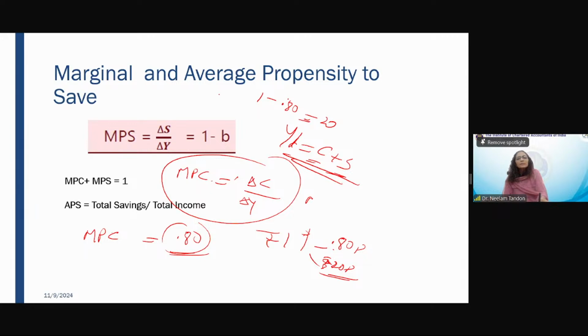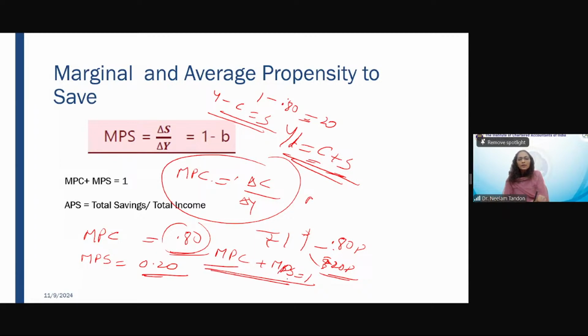That means income minus consumption is savings. So if MPC is 0.80, then MPS will be 0.20, because the sum of MPC and MPS should be equal to 1.